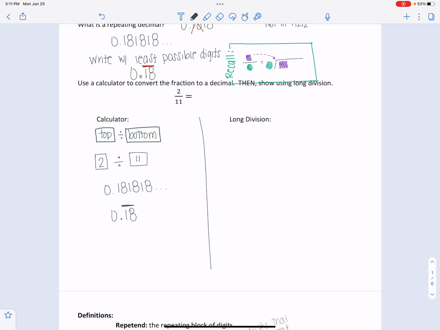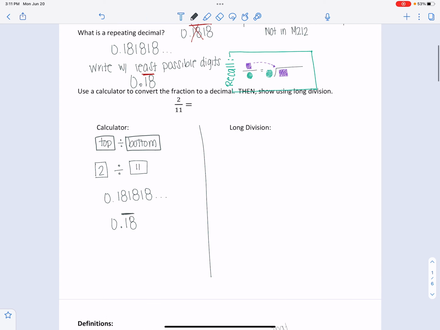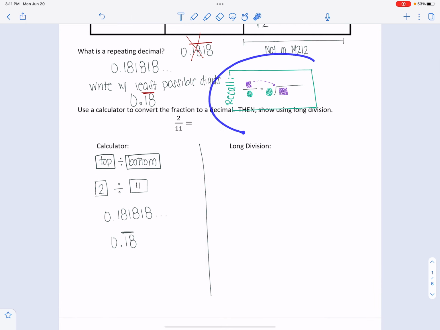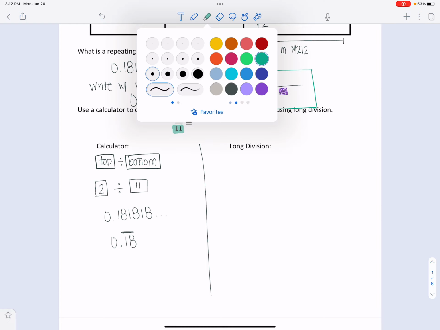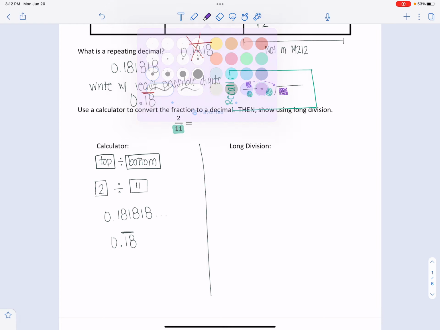There will be some problems that say using long division, convert from a fraction to a decimal. So this is that property we talked about in the last set of notes. Anytime you've got a fraction and you want to write it with the division bar, the top number is going to fall down and go inside the house. The bottom number is going to be outside. So in this example, 11 is going to be outside and 2 is going to be inside.